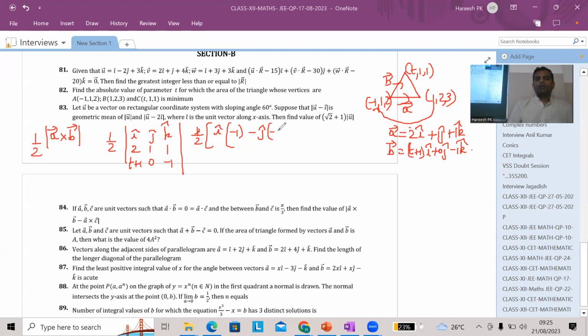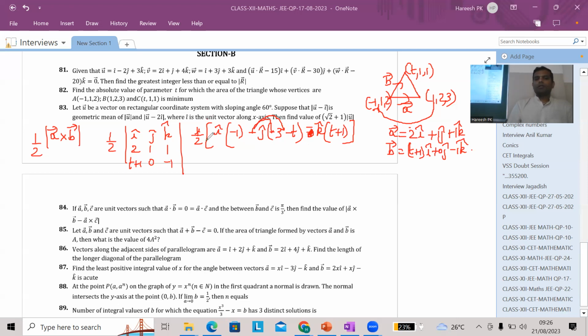So you will get minus 3 minus t. So when you multiply with minus, it will become plus. Then lastly you will get k cap into minus of (t plus 1). So I'll put a minus outside. So this will go inside, it will become plus.